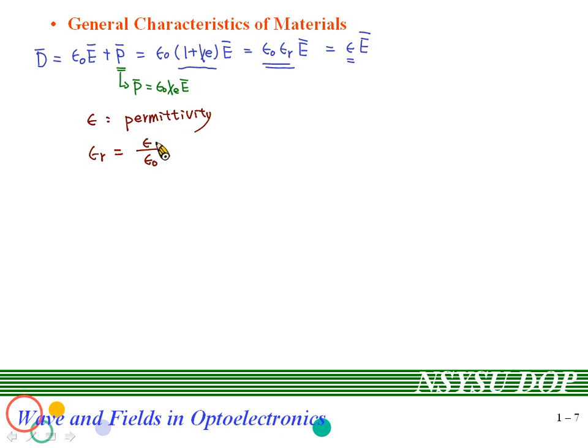Generally, the epsilon of a material should be larger than epsilon 0. So epsilon R is larger than or equal to 1. And epsilon R is the so-called relative permittivity, because it is the ratio between epsilon and epsilon 0. In some papers, you can also see epsilon R defined as the dielectric constant.